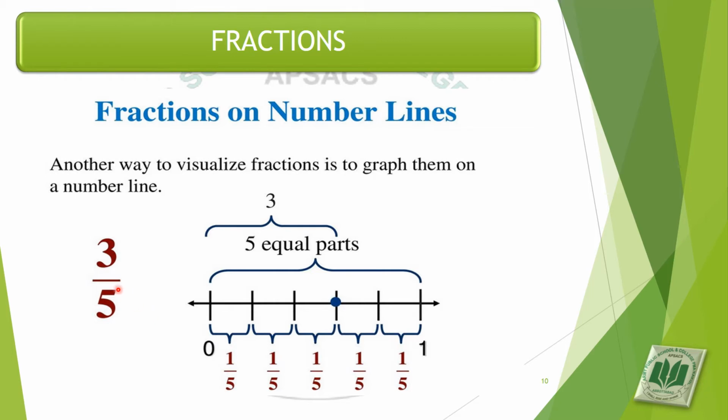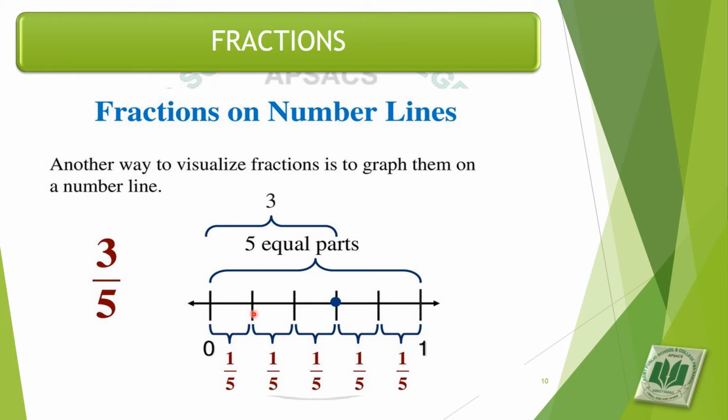Now to draw it on a number line or to find it on a number line, first of all we have to draw a number line between 0 and 1 because it has no whole part, so it lies between 0 and 1. Next, between 0 and 1 we divide it into 5 equal parts.